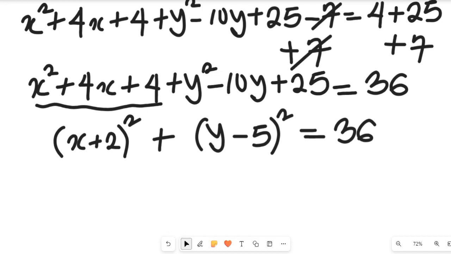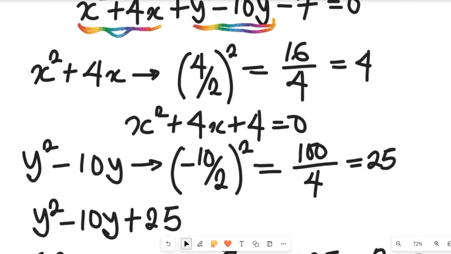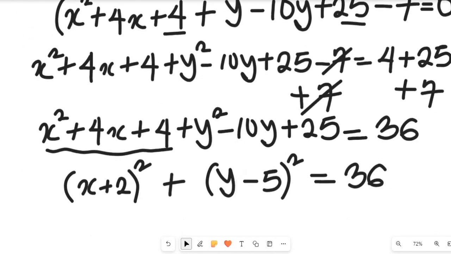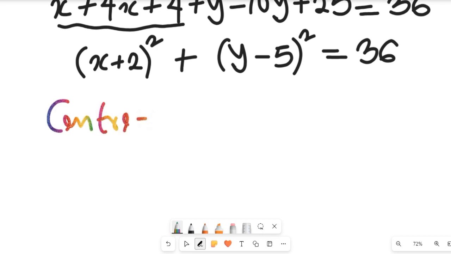So if this is equal to 36, we want to compare this with the initial equation we are given, the equation of a circle. You come to see that from that initial equation, the center will be equal to 2, negative 5, right?